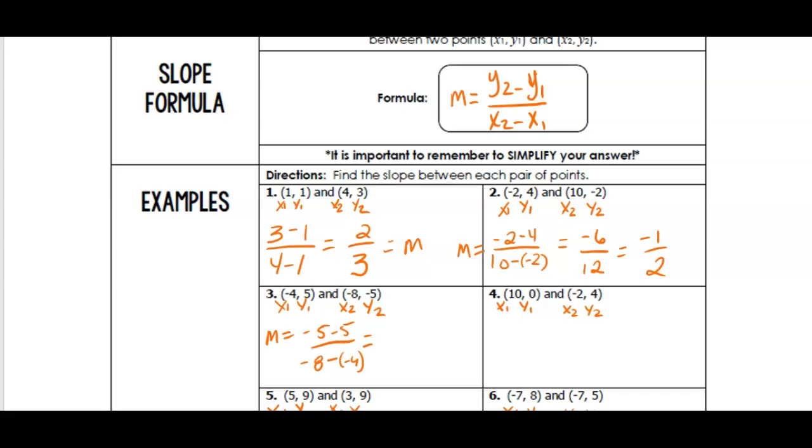So I am showing my work just like you need to do on your assignment today. -5 minus 5 is -10, and -8 plus 4 becomes -4. So I have two negatives here. They're going to cancel, and I simplify to 5 halves.